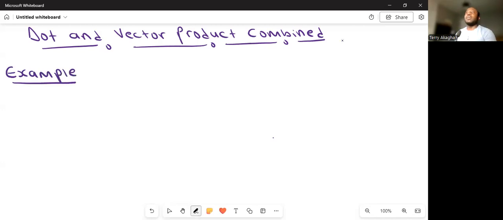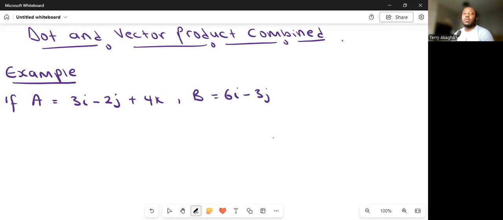In this we have A given to be 3i minus 2j plus 4k, and B equal to 6i minus 3j plus 3k, and C equal to 4i minus 5j plus 8k.